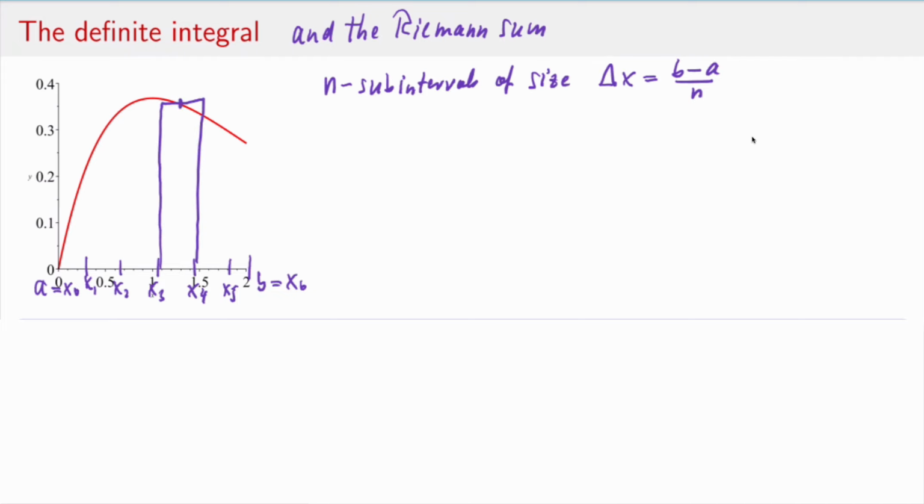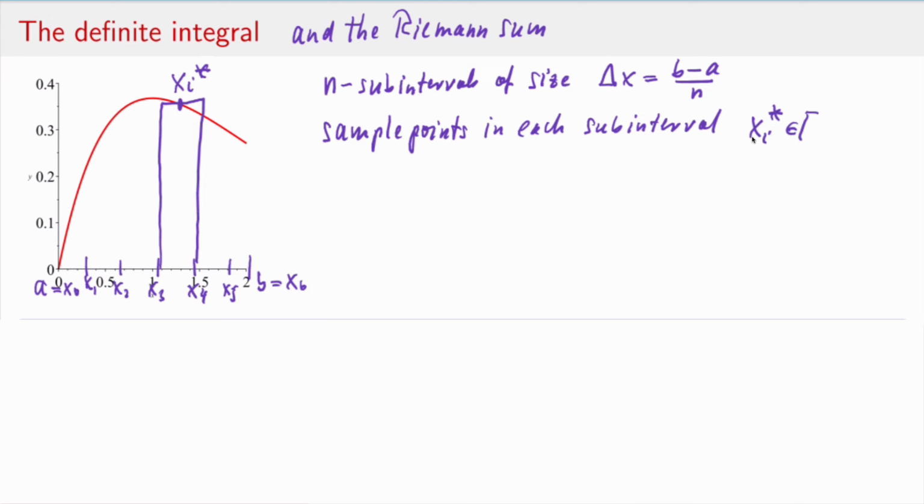Then I take a sample point, which I call xi star. So I use sample points in each subinterval. I call them xi star, and this is in the interval xi minus 1 to xi. So for example, x4 star would be in the interval between x3 and x4, but it can also be equal to one of the endpoints.